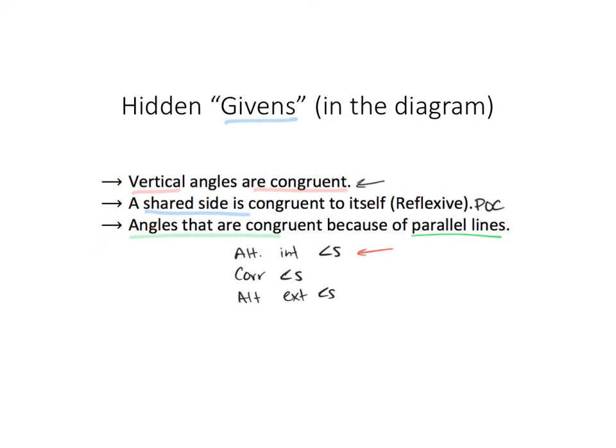You would just write alternate interior angles are congruent, and that way you don't have to remember whether it is the theorem or the converse of the theorem. You can just make the statement that alternate interior angles are congruent when formed by parallel lines.